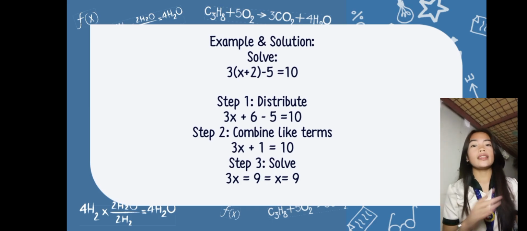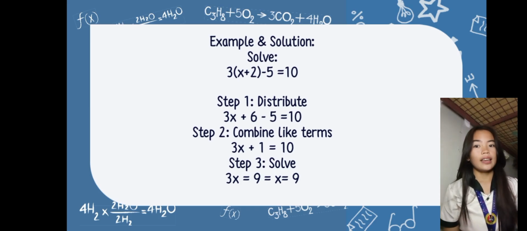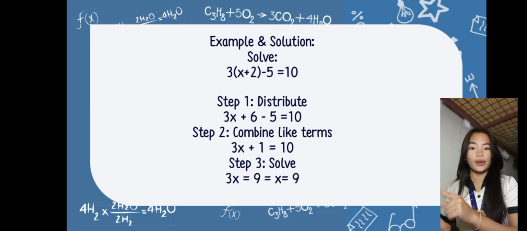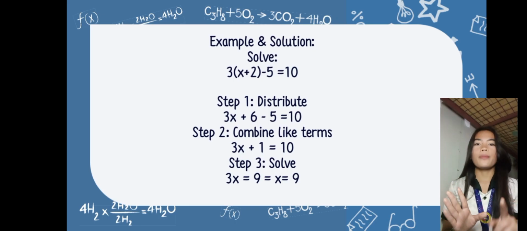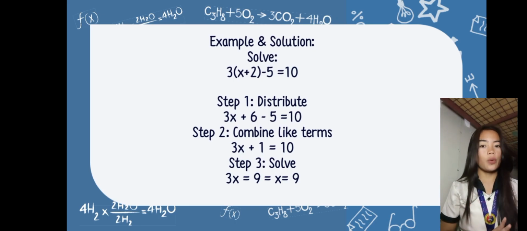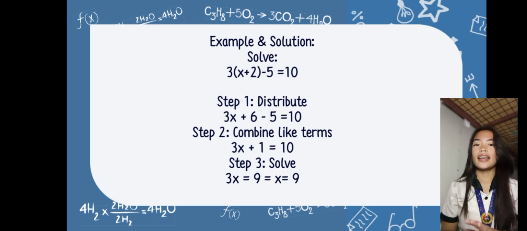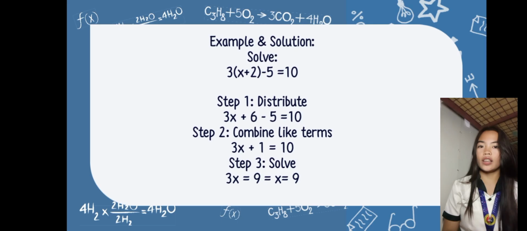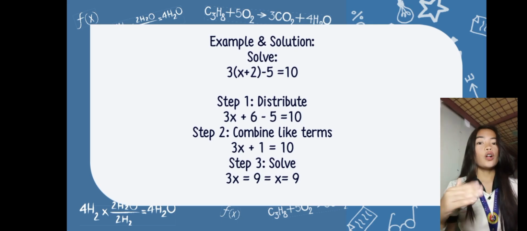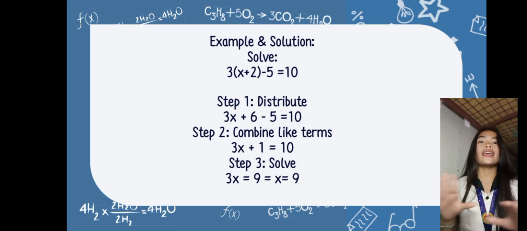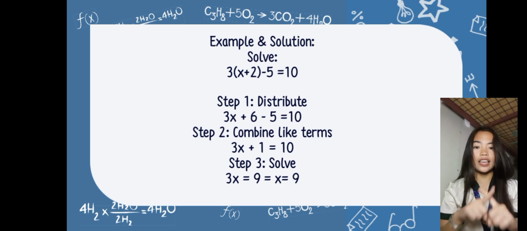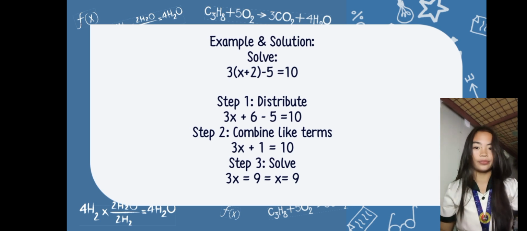First, we distribute the 3, giving us 3x + 6 - 5 = 10. Next, we combine like terms to get 3x + 1 = 10. Solving for x, we get x equals 3.